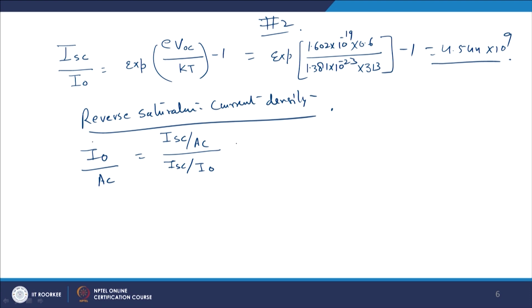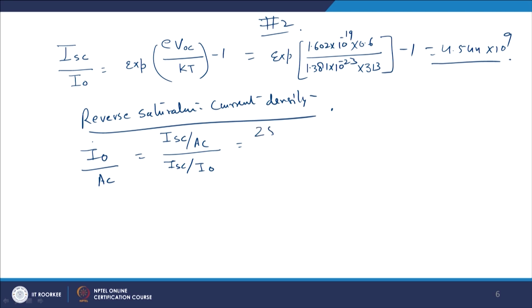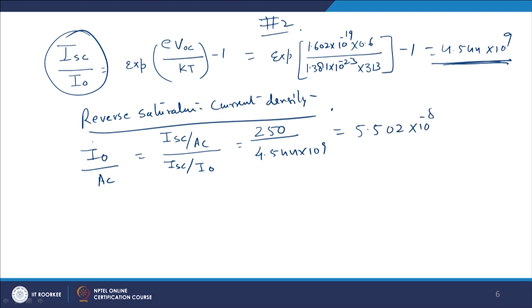Then ISC by AC is given, 250. So, this is going to be 250, and ISC by I0, this we have just now calculated, it is going to be 4.544 into 10 to power 9, and this will give the final expression as 5.502 into 10 to power minus 8 amperes per meter square. This is I0 by AC.